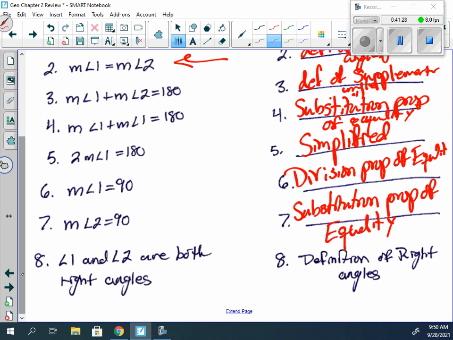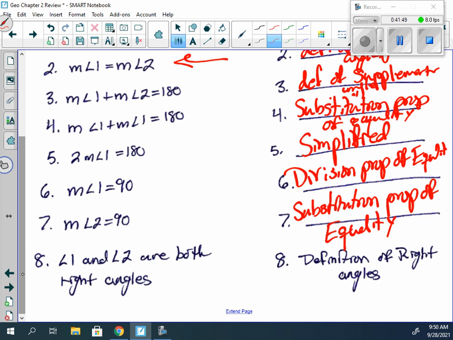So how did you get that? We simplified it because the measure of angle 1 plus the measure of angle 1 is 2 times the measure of angle 1. I'm going to write this on the whiteboard. Really what we can say is that we used the distributive property backwards.